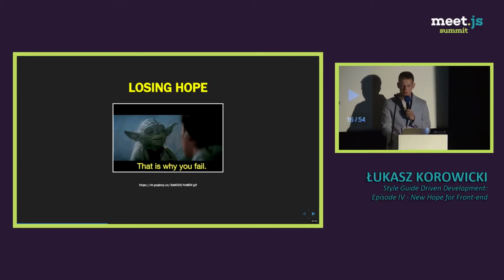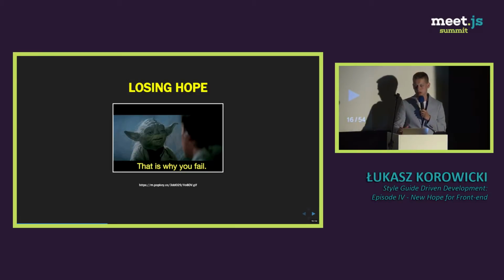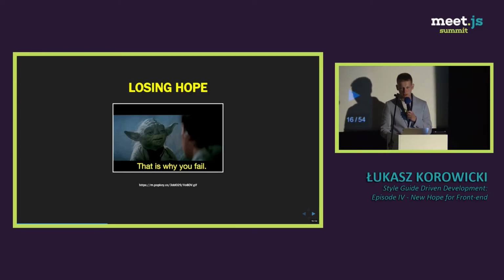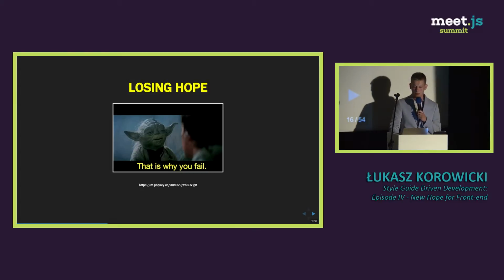This change is probably about dealing with this whole bunch of technologies that we cannot get as familiar with as we would like. So we are trying to simplify things for ourselves.